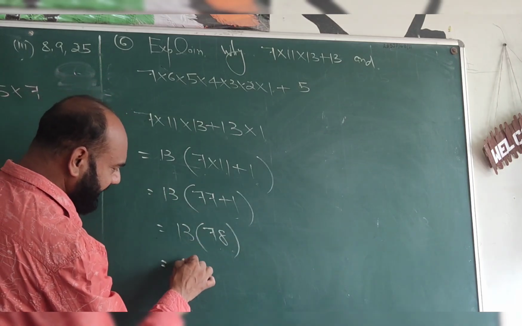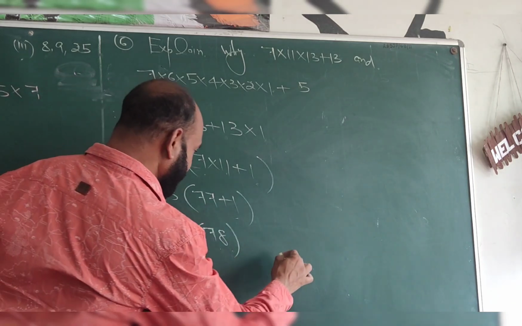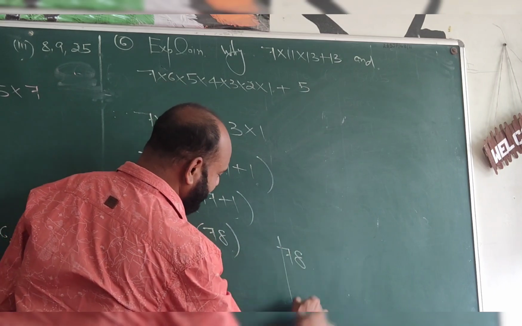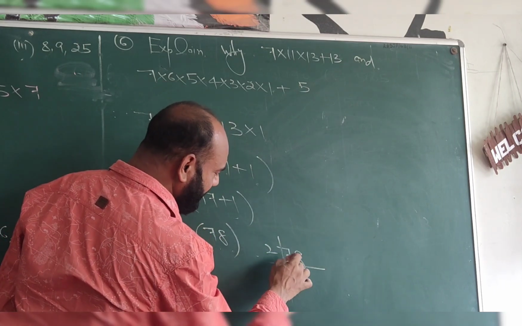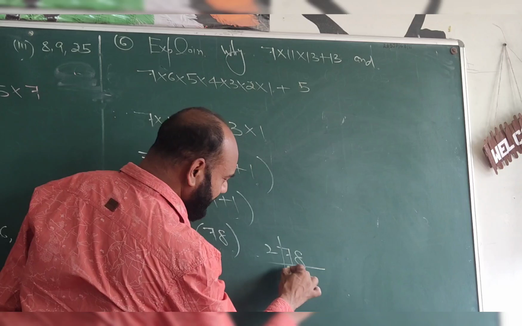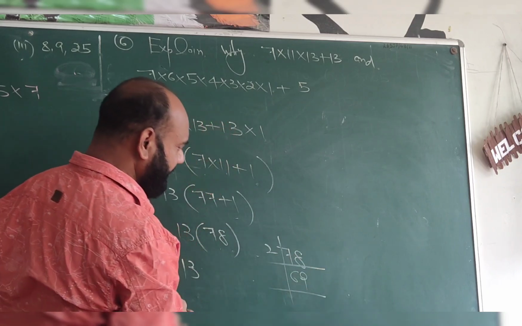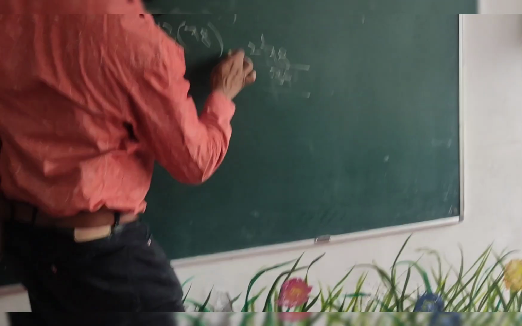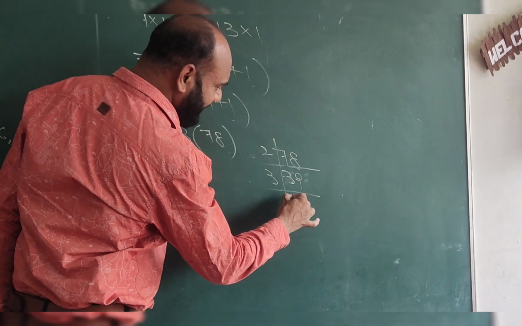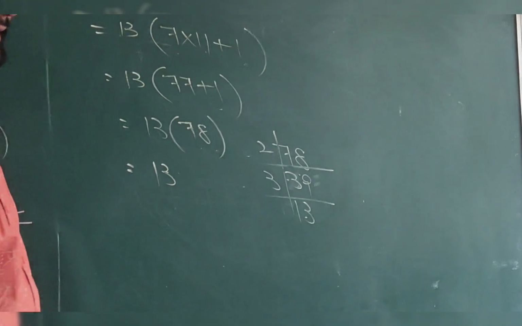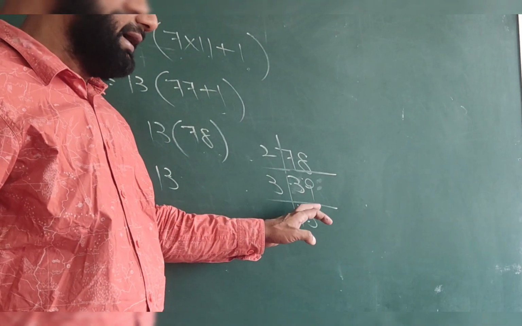And again 78 can be written by the prime factorization method. It is divided by 2 because it is an even number, so its factor is 6, 9... Its factor is 3, 9, which is again divided by 3, and this is 13. Now 13 is not divided by any number.